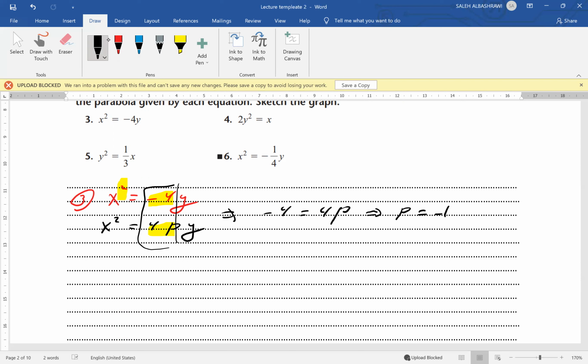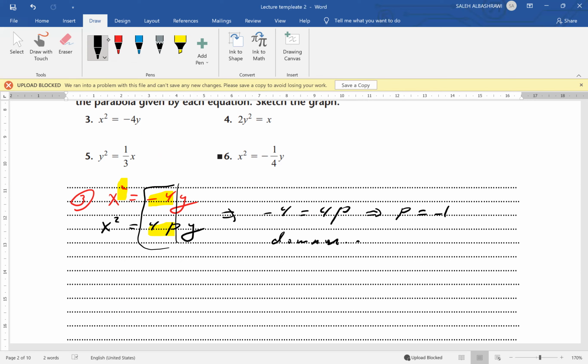So the parabola is downward. It is down.